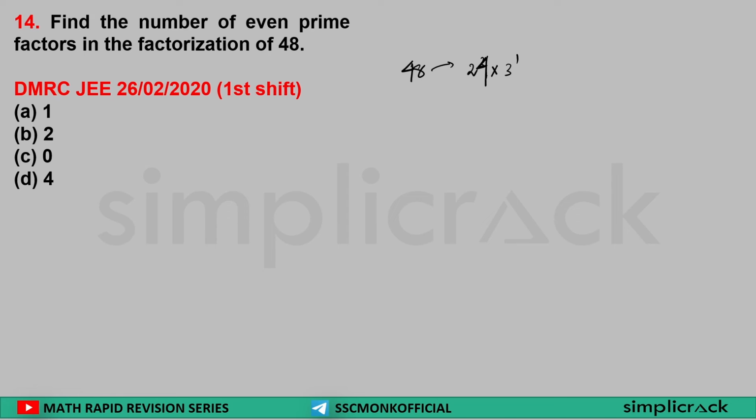Yes, sir. Very basic. We need to understand how to find the factors. That is the whole point of this question. Okay, now it is saying number of even prime factors. How many even prime factors are there? 4. Because 2 is the only even prime factor, even prime number. So what is the answer? 4 is the answer. Clear?